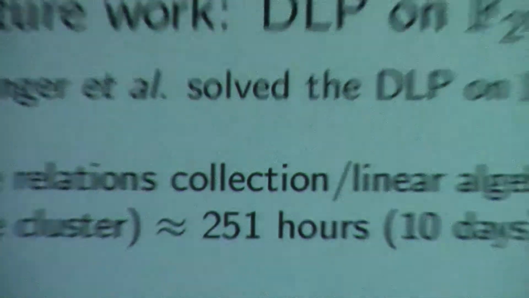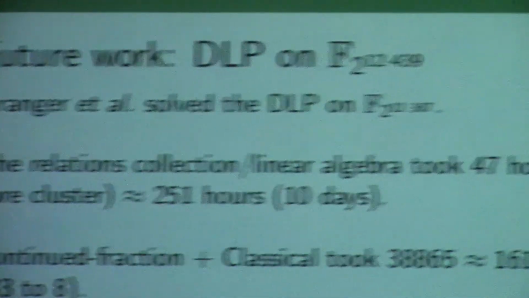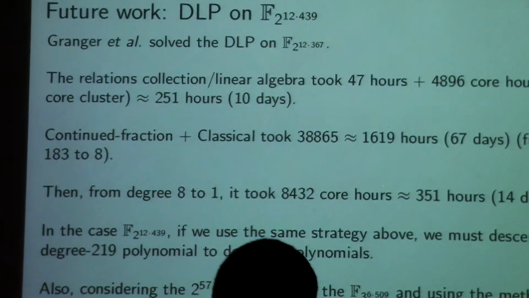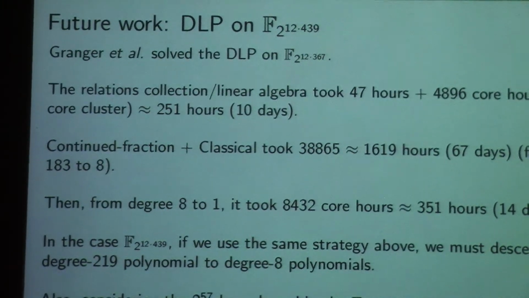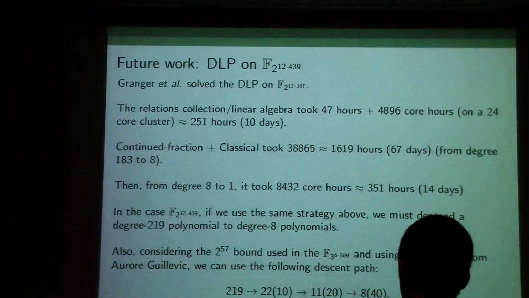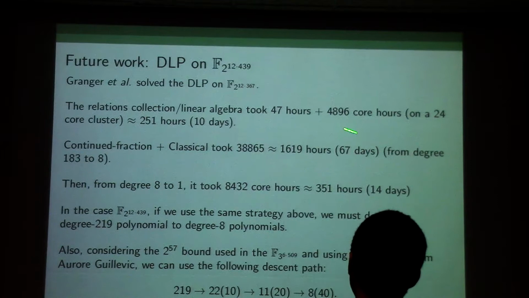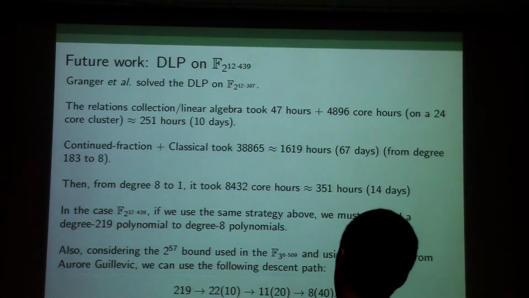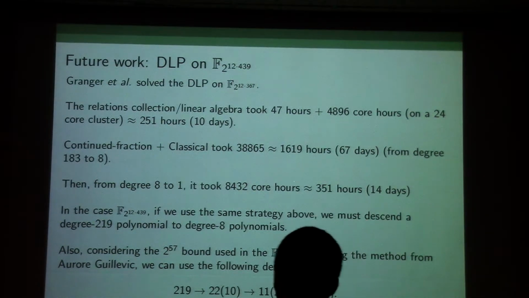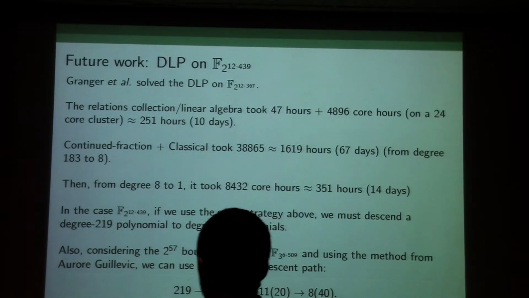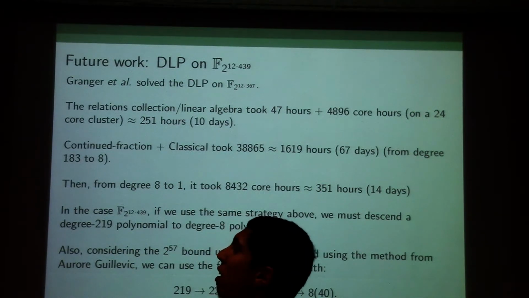DLP on F of 2 to the power of 12 times 367, they had the relation collection and linear algebra, which took 47 hours plus. They say just hours, so I suppose it's real hours, and 4,896 core hours. So this relation collection will be similar in this field.